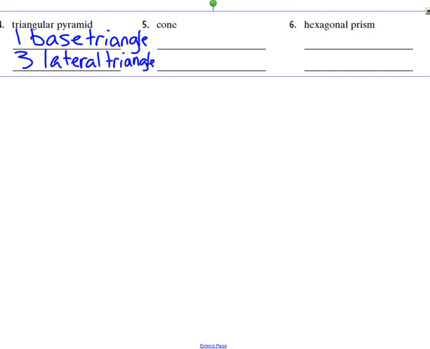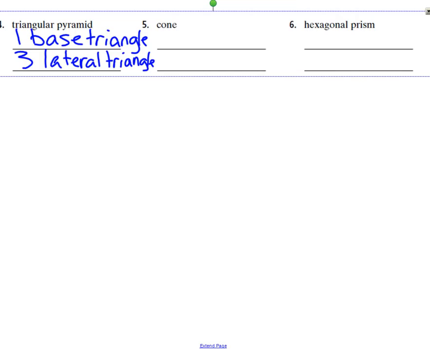So if you put just 4 triangles, that's fine as well. That's the same idea. Because the number of lateral faces it's going to have will always be the same as the number of sides on the base. So since the base is a triangle, it has 3 sides. That's why we have 3 lateral faces.